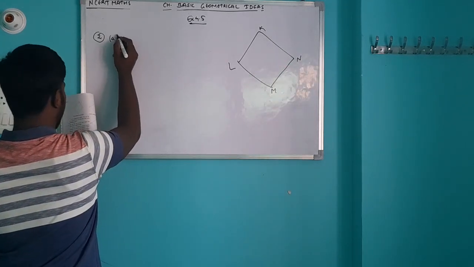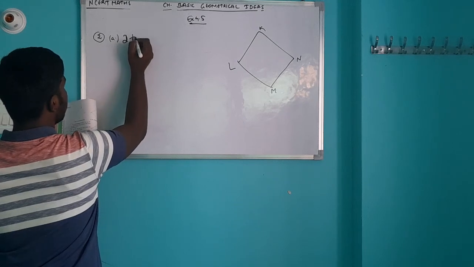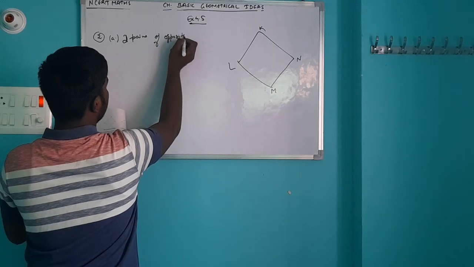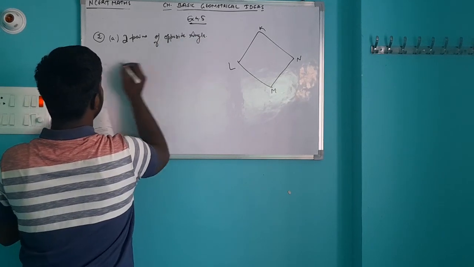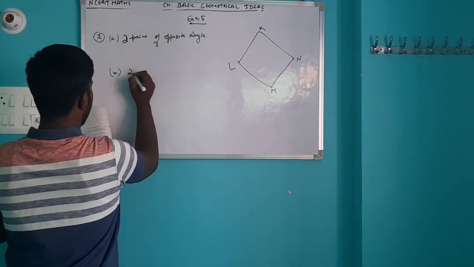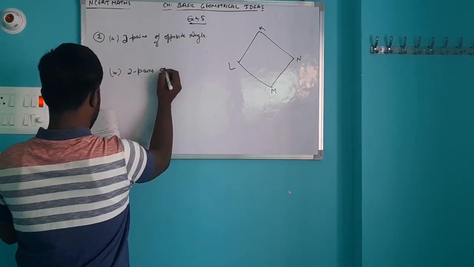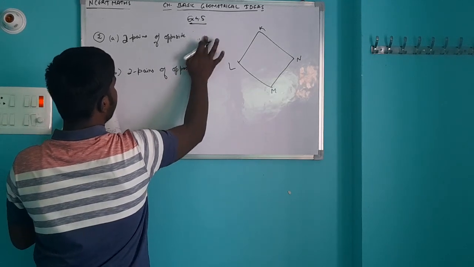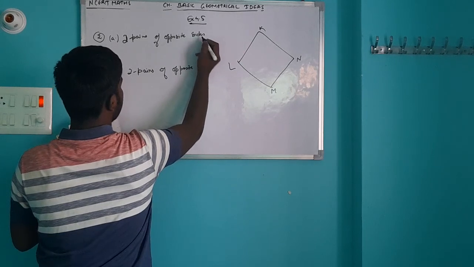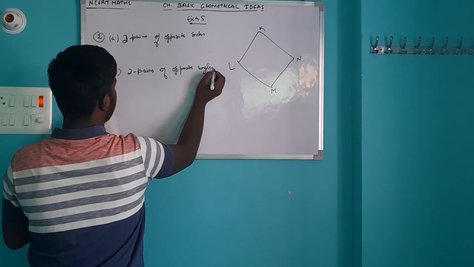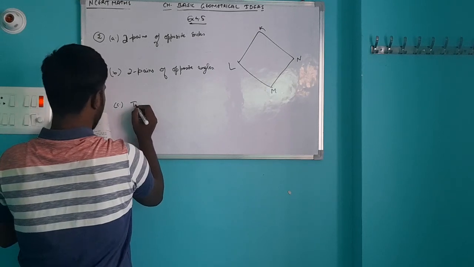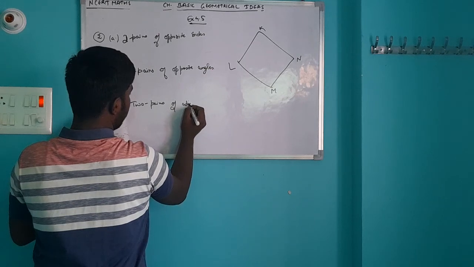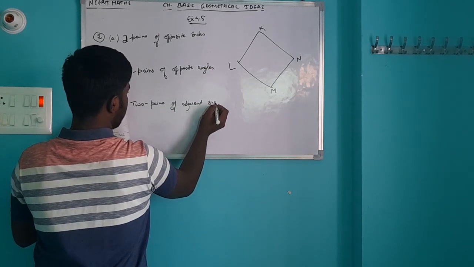In the first part we need to find two pairs of opposite angles. In the B part we need to find again two pairs of opposite sides. In the C part we have two pairs of adjacent sides.